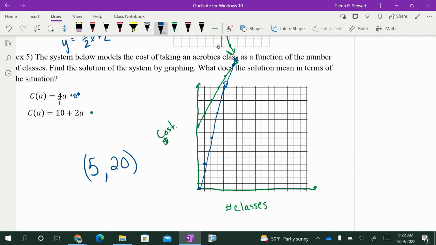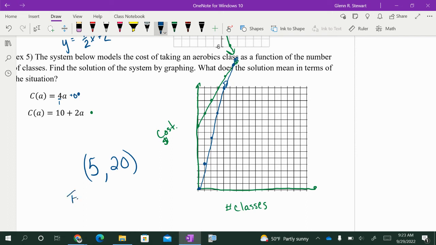What this means in these terms, some of you might go work out at a gym and you might have always thought, hey, I need to switch gyms, but I don't know if I want to go through the cost of the new startup fee, or maybe it's higher, but then it says that there's no startup fee. This technically says that no matter which of these two gyms I go to, the cost will be the same for 5 classes.